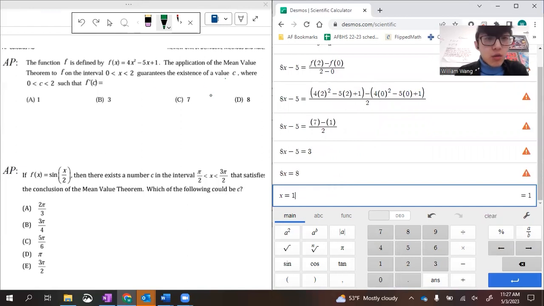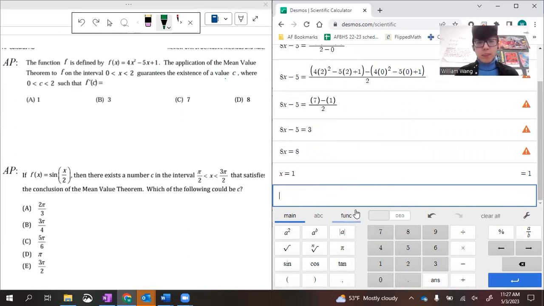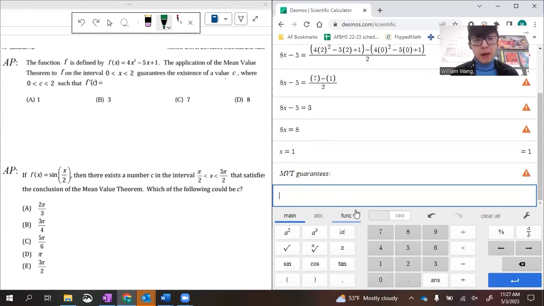All right, so remember, this is what mean value theorem does. This is saying my mean value theorem guarantees that my IROC is equal to my AROC at x equals 1.